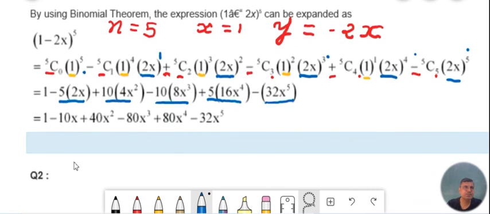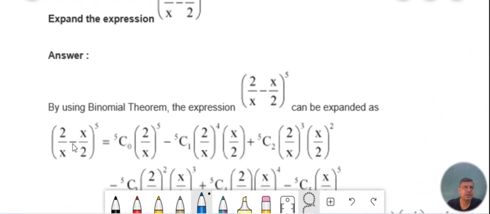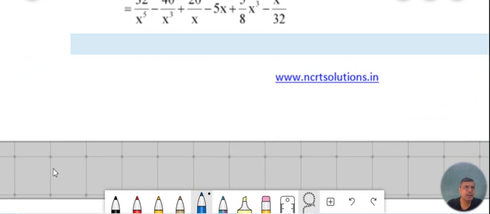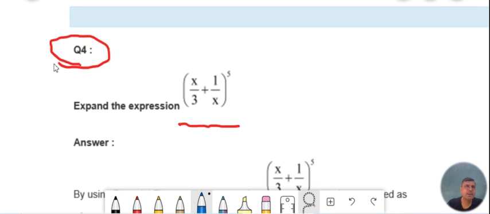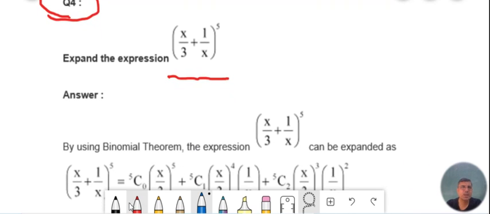Okay, let us go ahead. Same way, if we discuss question number 4, purposely I am taking one positive, one negative, and you can see here this time the question is totally different. Here something is given in the denominator also, but my binomial theorem will never change.